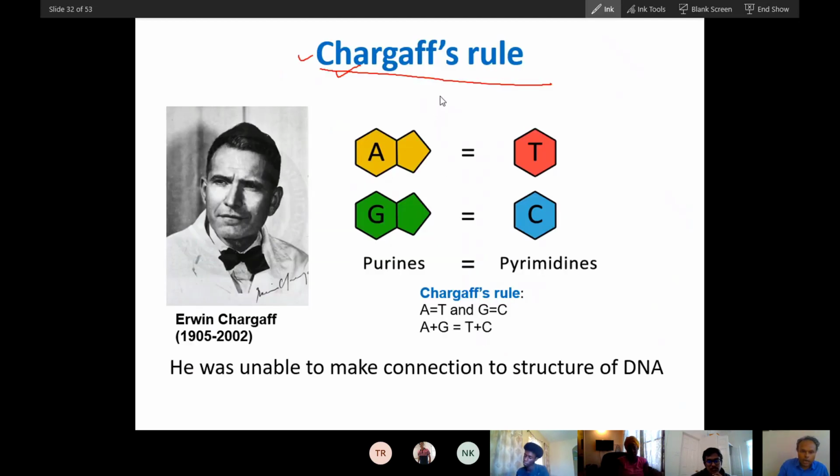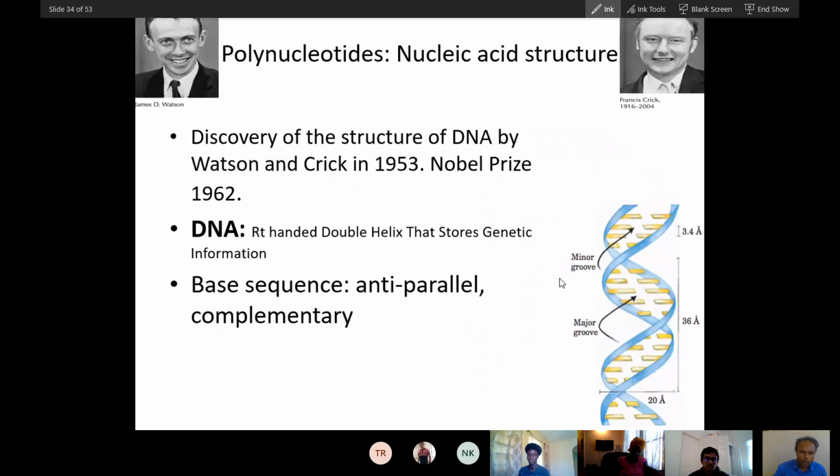And this is Chargaff, and based on his findings, which I've already told you, he found that purine is equal to pyrimidine, adenine is equal to thymine, and guanine is equal to cytosine. Based on his findings only, the double stranded helical model was proposed by these two scientists, Watson and Crick. There is one more scientist, Franklin.